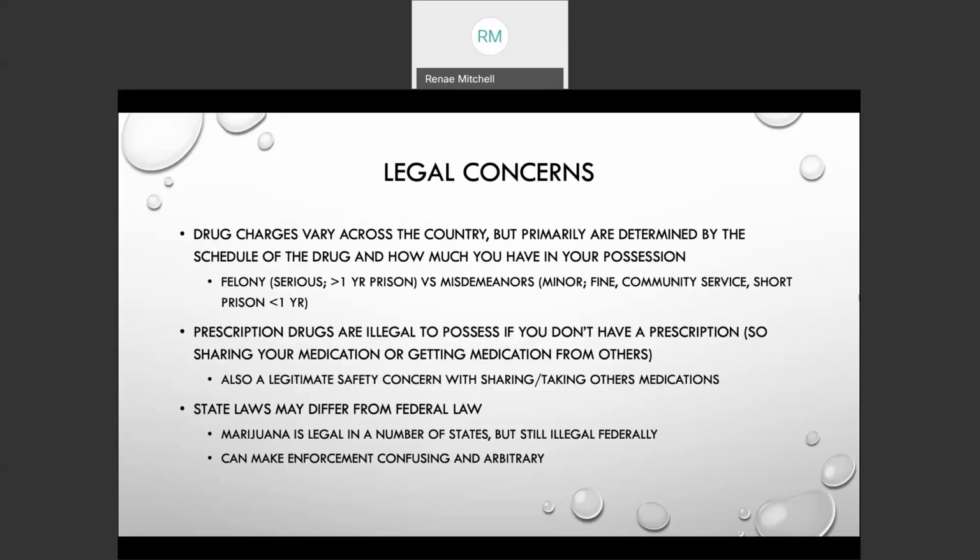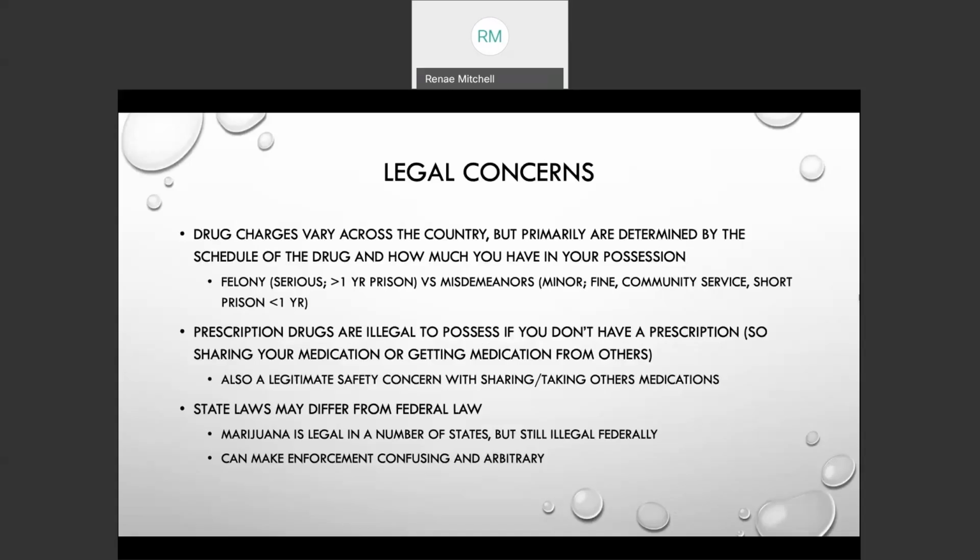So there's a box on employment forms about whether or not you've ever been convicted of a felony, and employers have the ability to not hire you. You lose your right to vote in federal elections, statewide. It depends on the state.